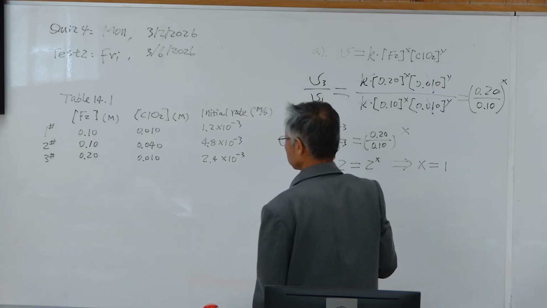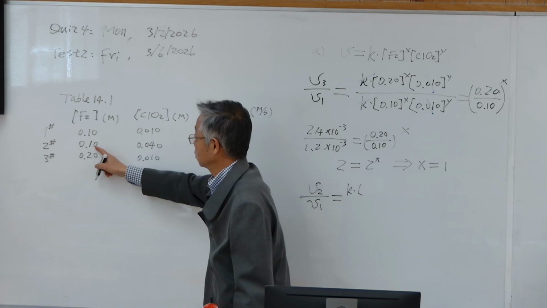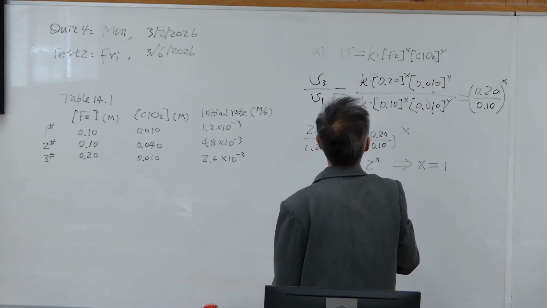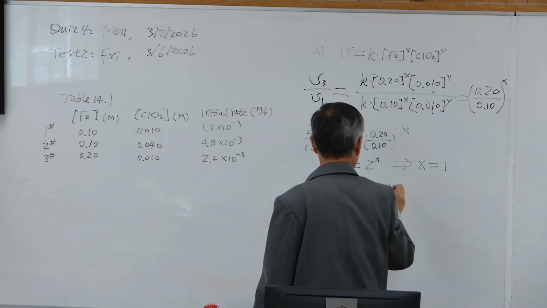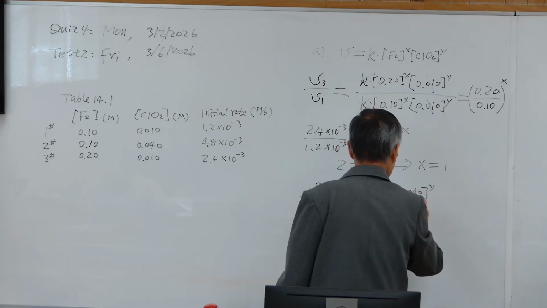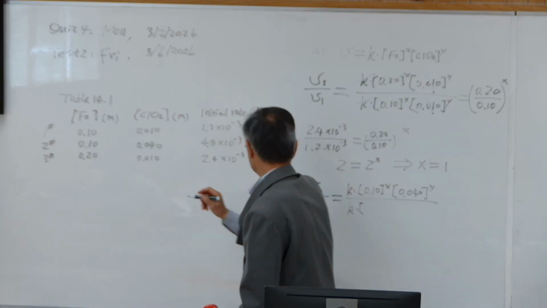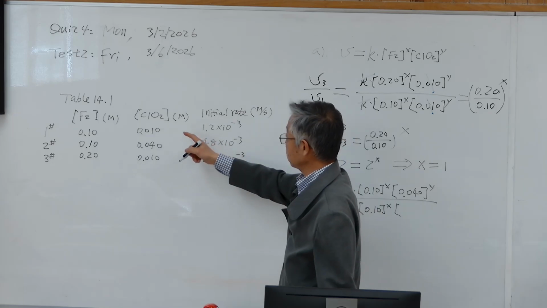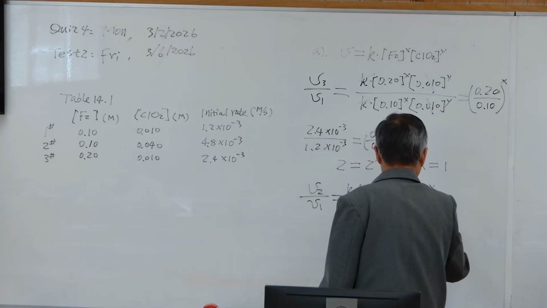Experiment 2: F2 0.1, ClO2 0.04. Experiment 1: F2 0.1, ClO2 0.01, raised to Y.